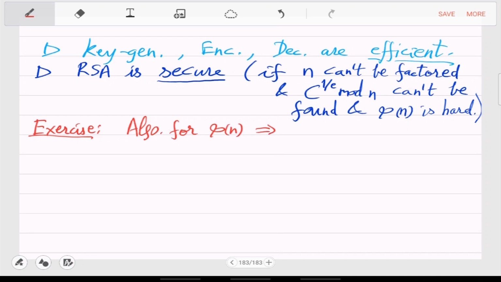So a fast algorithm for phi n implies an algorithm for factoring, and it's equivalent. So there are only two assumptions effectively that give the security of RSA.